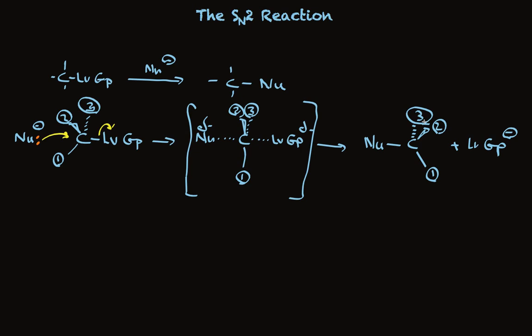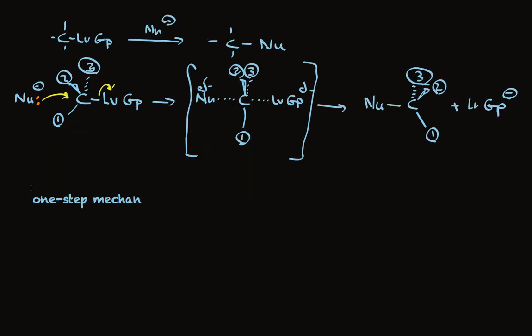That's inversion. So let's list the key aspects of this reaction mechanism and then talk about them briefly. It's a one-step mechanism. There are two reactants participating in this single step, so it exhibits second-order kinetics.